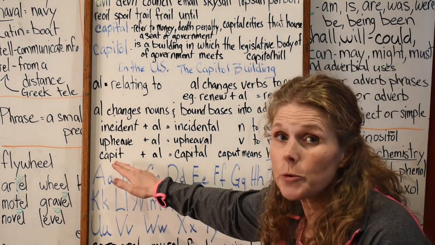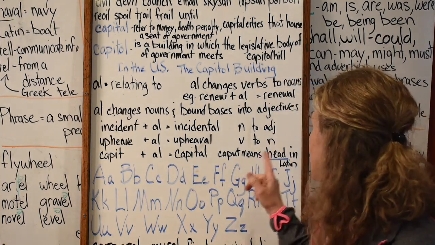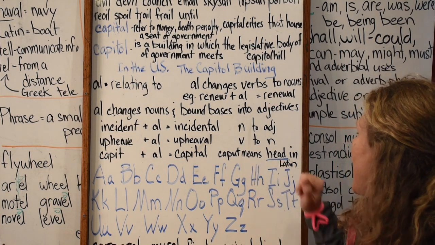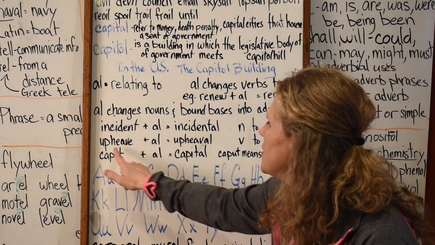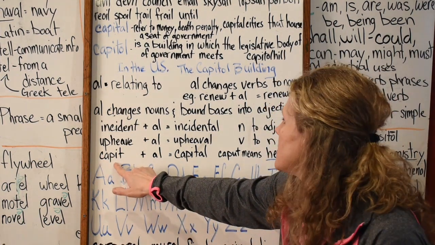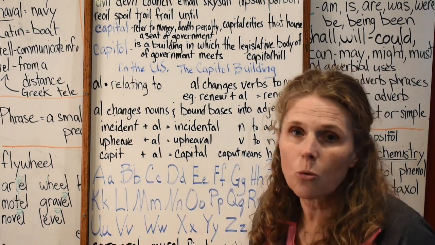Now this is super interesting. Caput, it is Latin, caput, which means head. So when you think about that, see this is a bond base. This doesn't really make sense. You have to have the AL on this to make it a word.